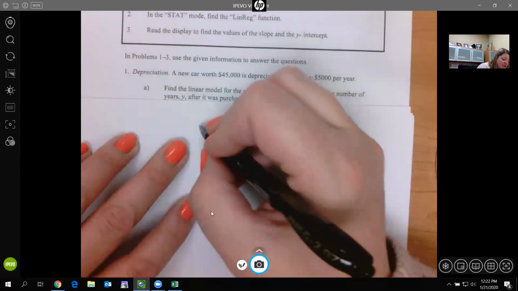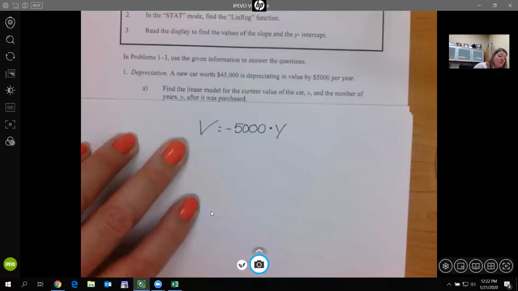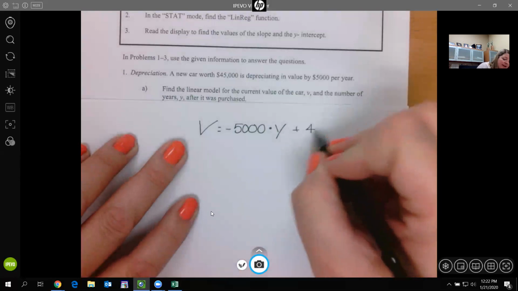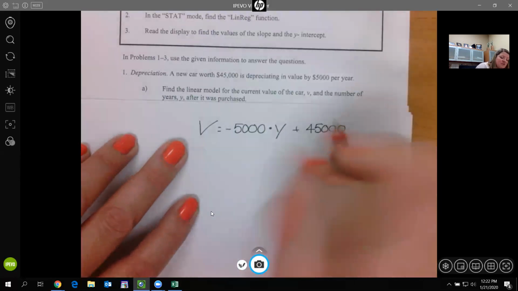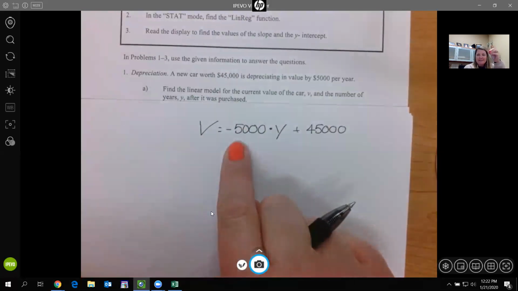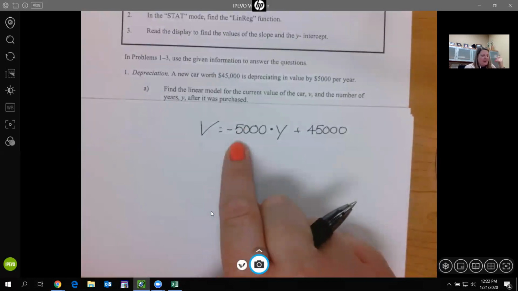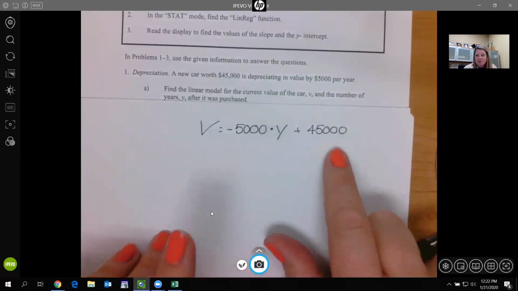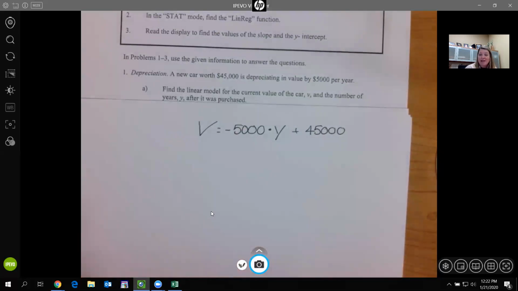And then you have to add to it your starting amount. So you should be able to look at these problems and think of slope as what your rate is, going down or up, depends, and your starting amount. Okay, that's it for A. So that's our equation of our line.